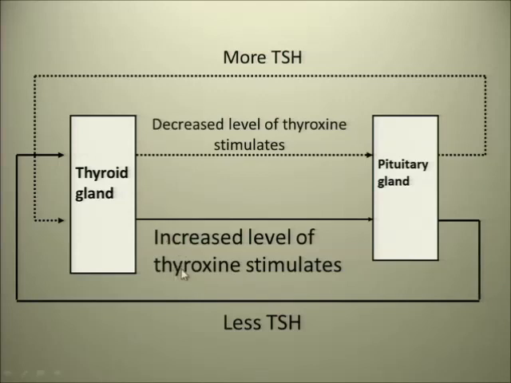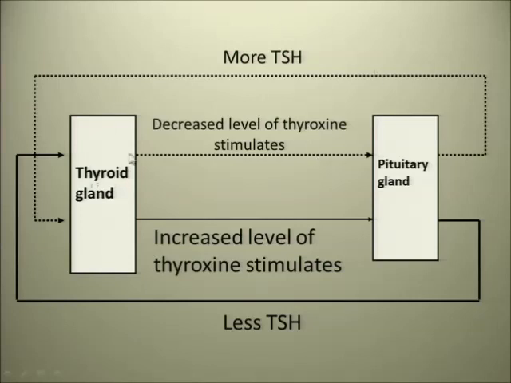This increased level of thyroxine will go to the pituitary gland, and then it will produce less TSH. And less TSH will stimulate the thyroid gland to secrete more thyroxine.